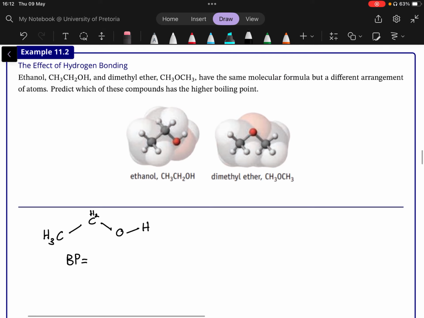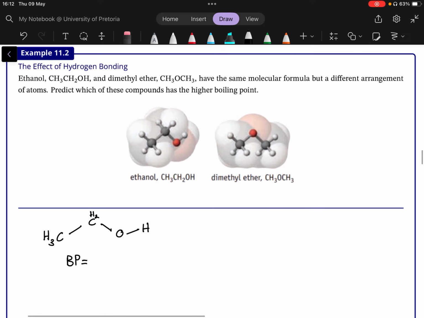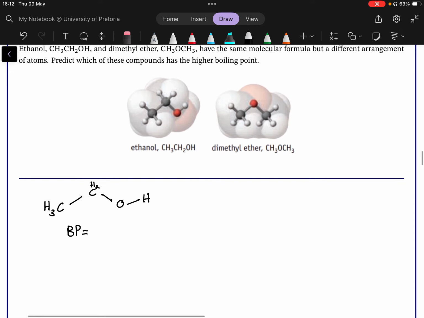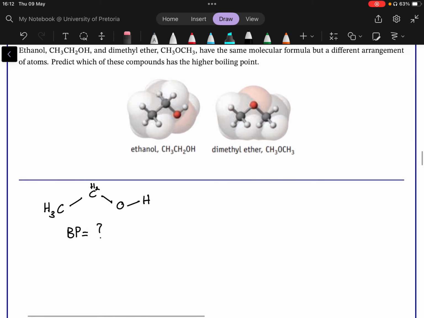Well, it doesn't say, but it says ethanol and dimethyl ether have the same molecular formula but different arrangement. Predict which of these has the higher boiling point. So we actually want to know the boiling point. And this is H3C-O-CH3, a boiling point.